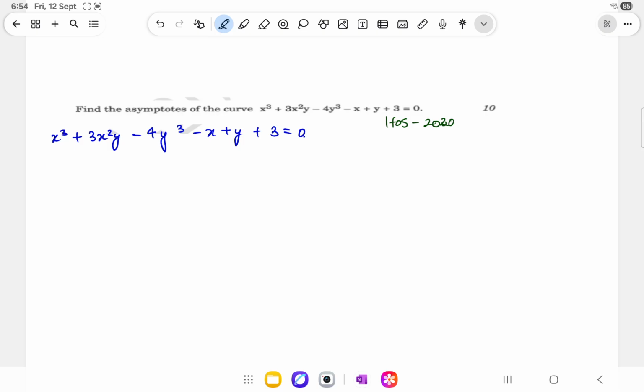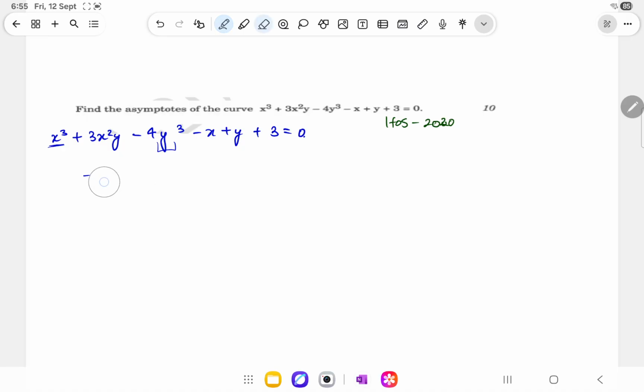The highest coefficient of the term involving x is only this. If I equate the coefficient of this with 0, I'll be getting 1 equals to 0. Likewise, if I equate the coefficient of the highest term of y, that is y cube, with 0, that basically gives you minus 4 equals to 0.